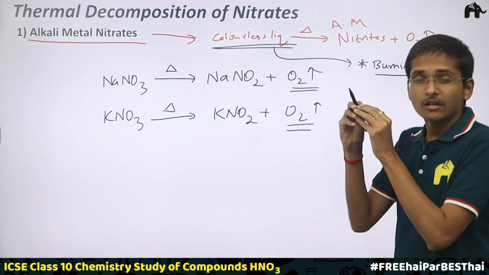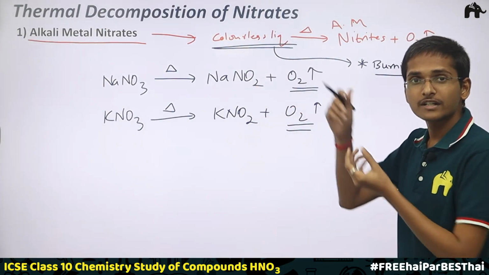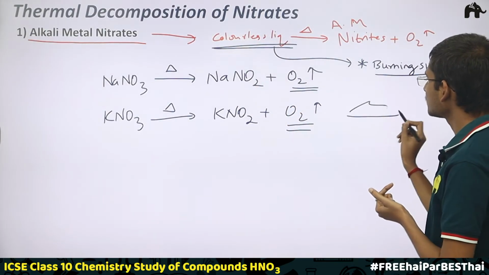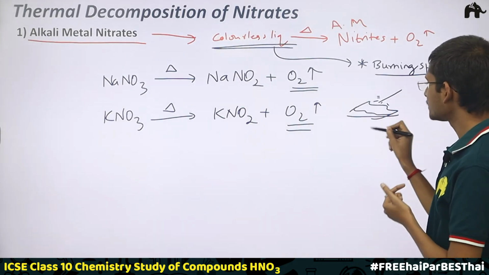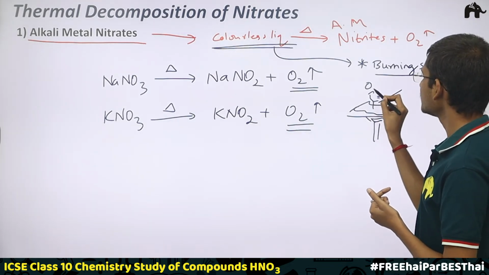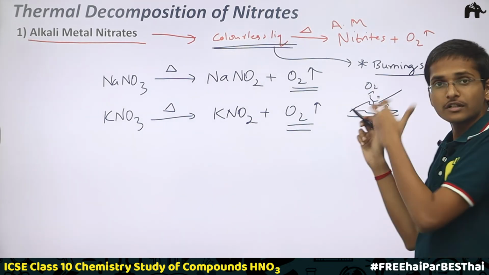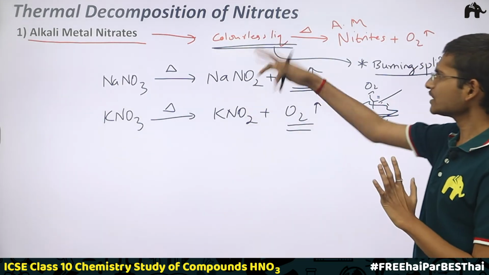This molten liquid is decomposing into nitrites and oxygen, so oxygen is getting liberated. When I place the burning splint near this decomposing liquid, this oxygen in turn makes the burning splint burn vigorously. So this is the reaction.